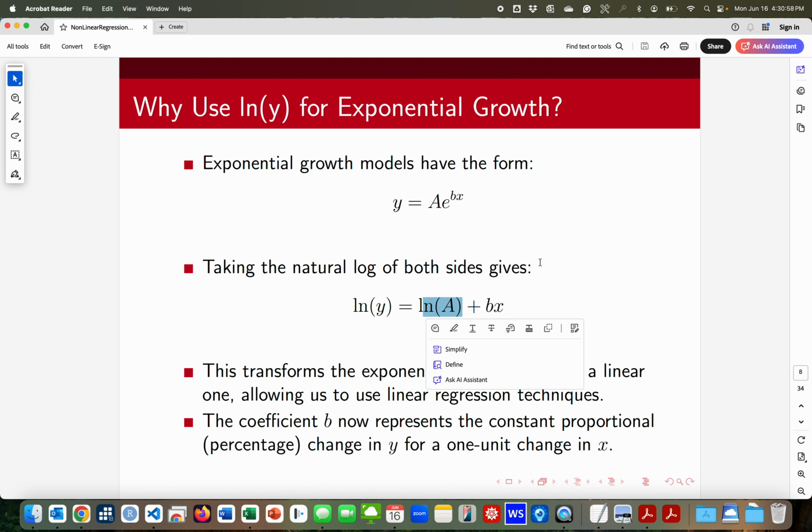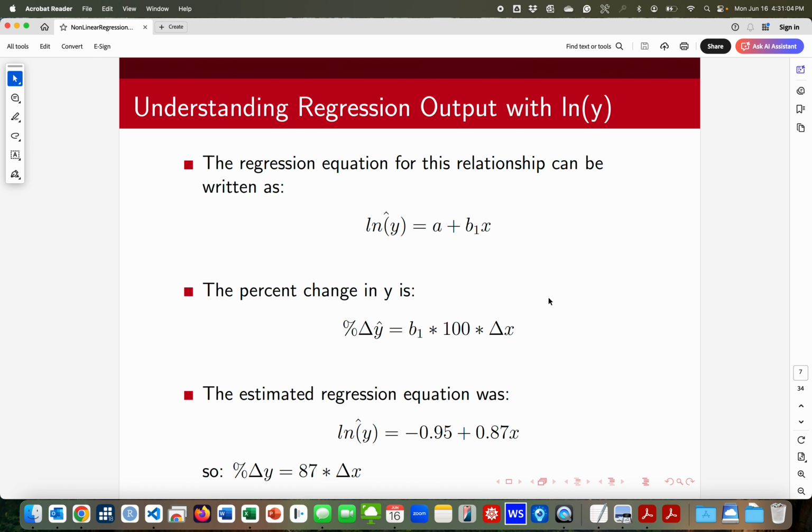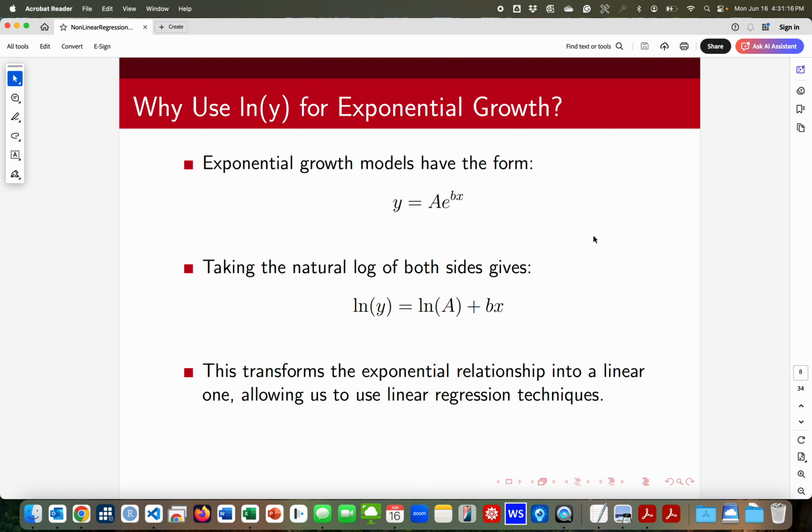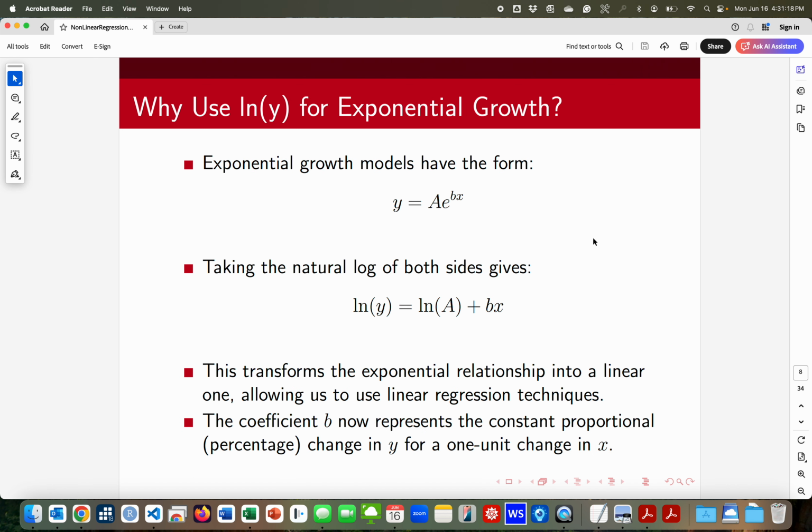This ln(a), we can just rewrite as lowercase a as our constant, which is why we write it in this form right here. If we were going the other way and taking this ln model back to y, you would see that it works out. But we don't need to do that. This is just a little bit of math showing you where that's coming from.